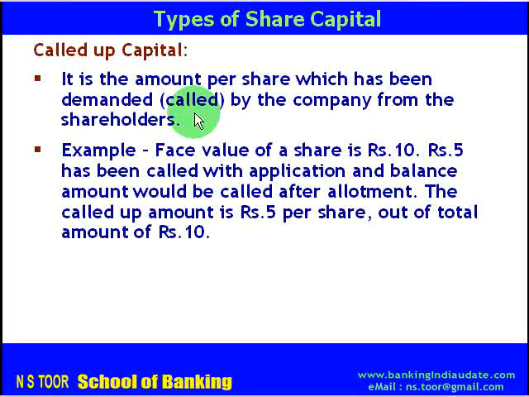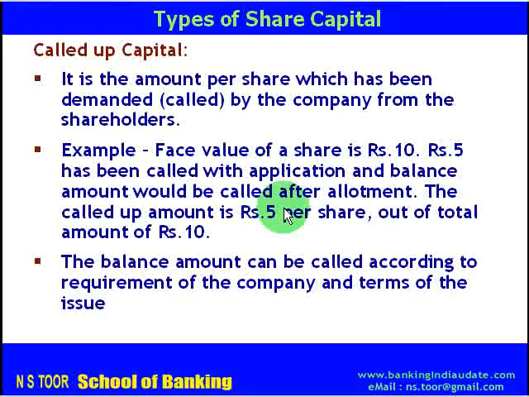For example, face value of the share is rupees 10. Rupees 5 has been demanded, that is called with application, and the balance amount will be called after allotment. So in this case, the called up amount is rupees 5 per share out of the total amount of rupees 10. So called up capital is that part of the subscribed amount which is called from the shareholder.